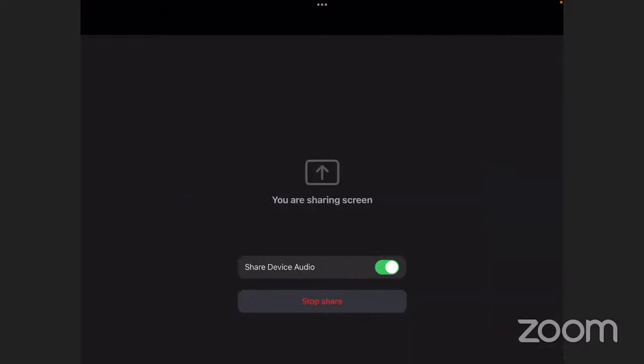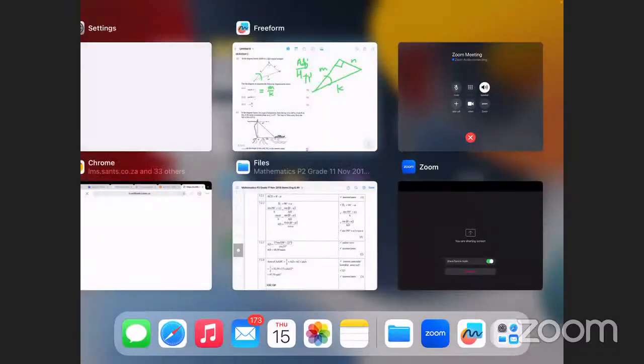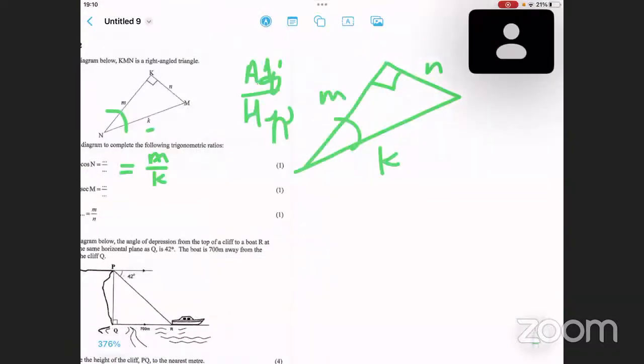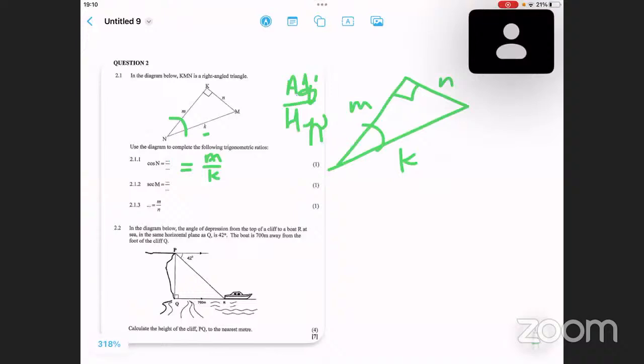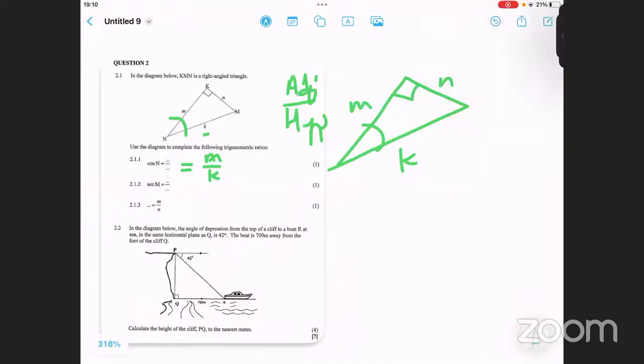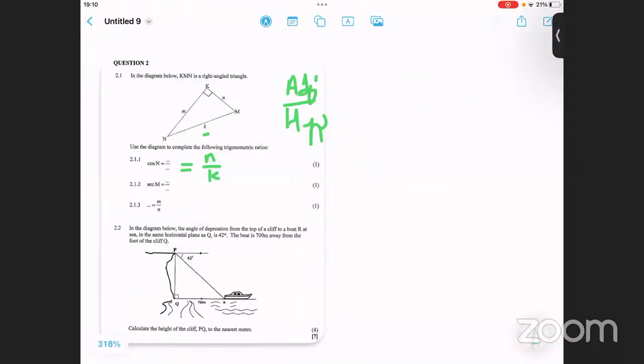Okay, Ivy says okay. Then it's fine. Let's go to the second one, which is sec M. What would therefore be the answer for that one? Based on what you've done, what are you getting as your answer? You can go for it or mention your name.